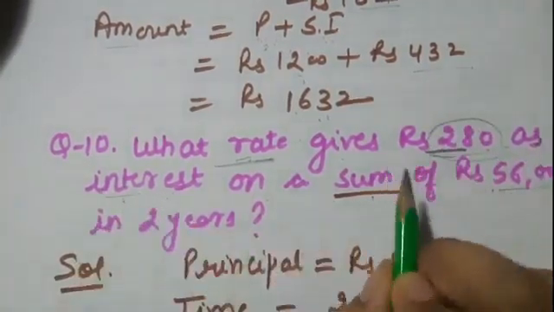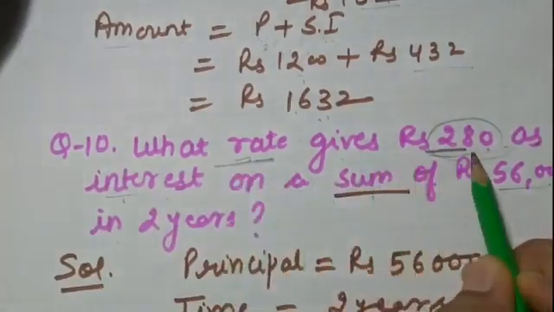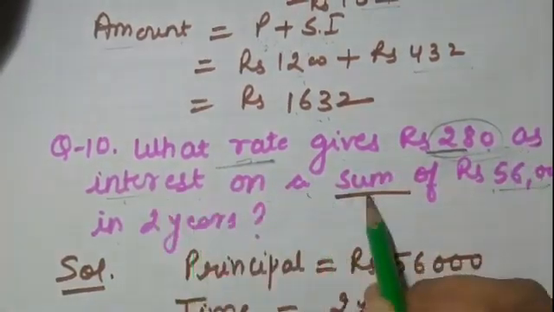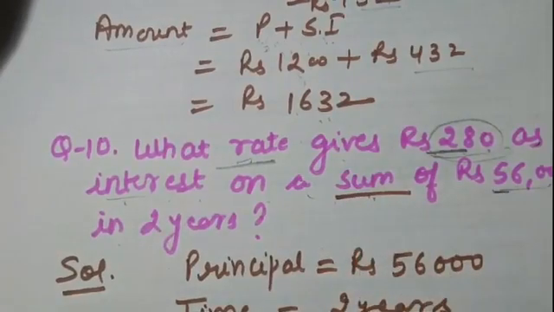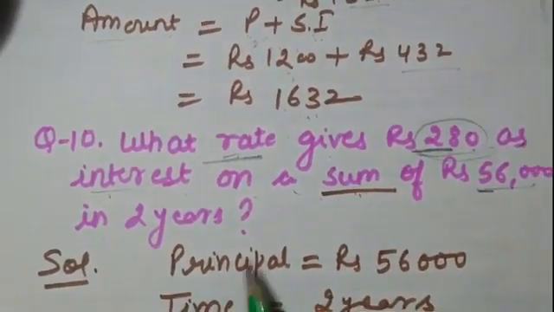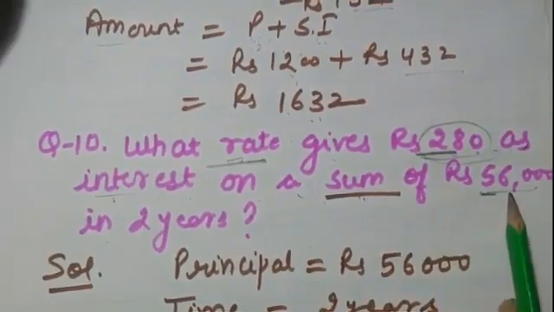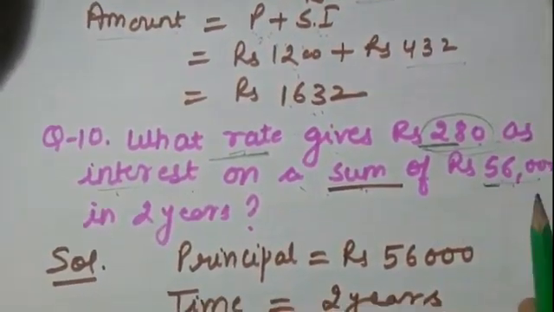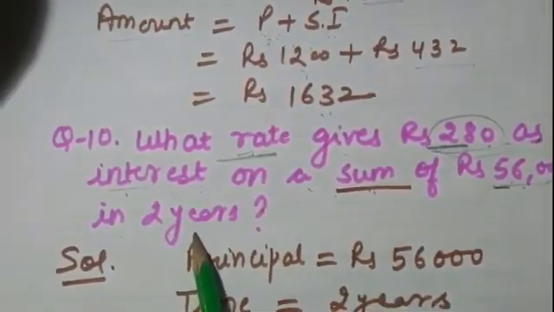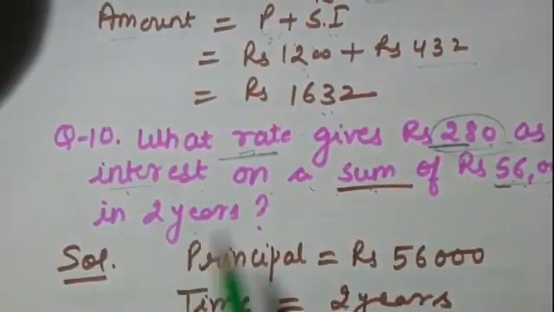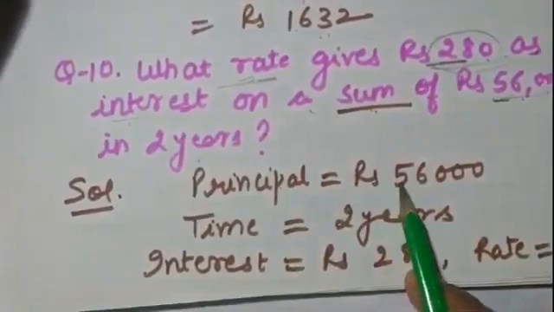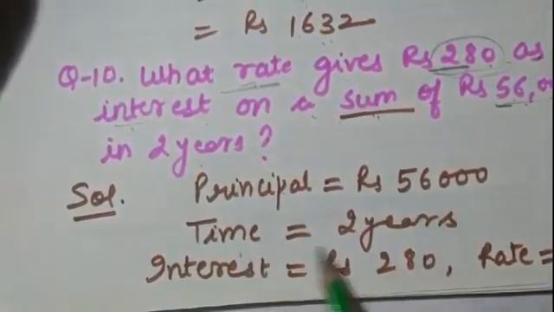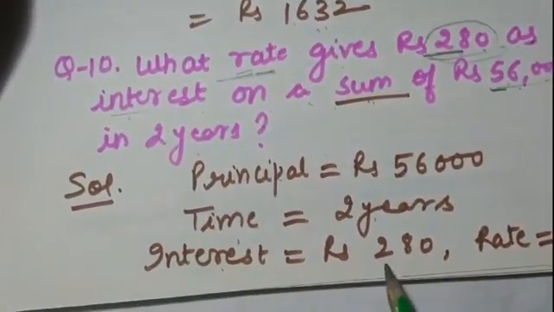On a sum means this is the principal. Here principal is 56,000 and time is 2 years. We have to calculate the rate.